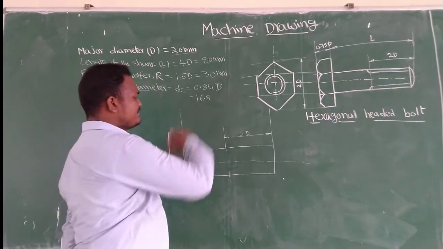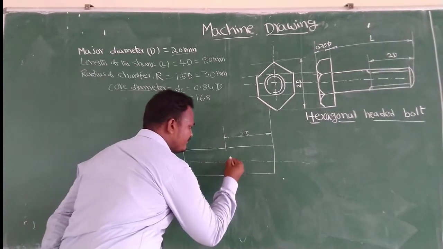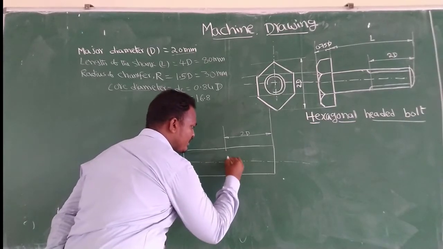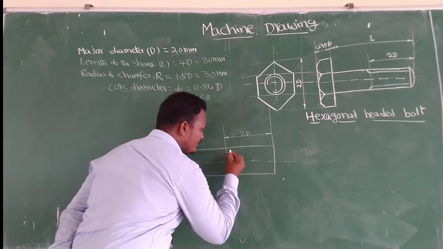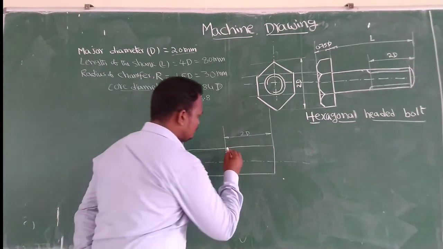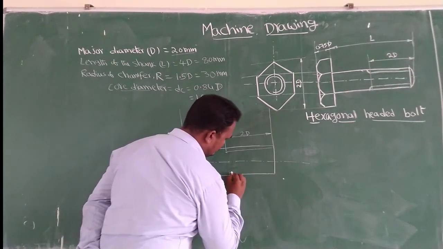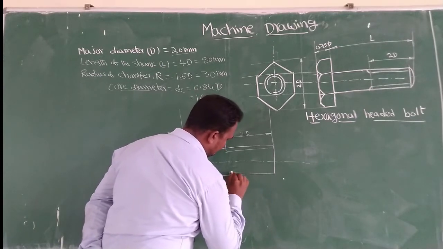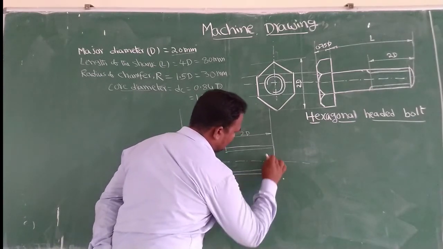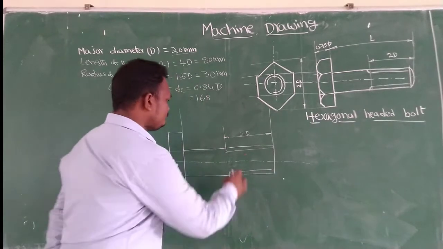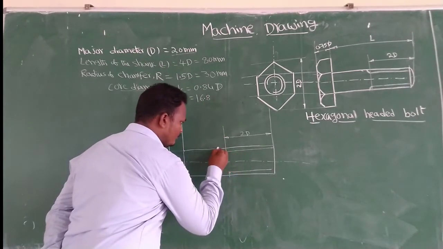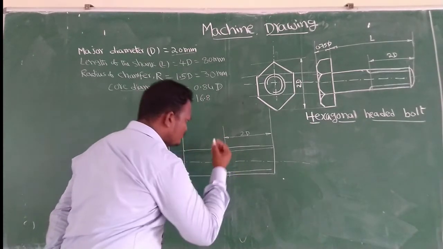If it is 17 mm, then half of that is taken on each side. Like that we have to take, and with freehand you have to join like this.